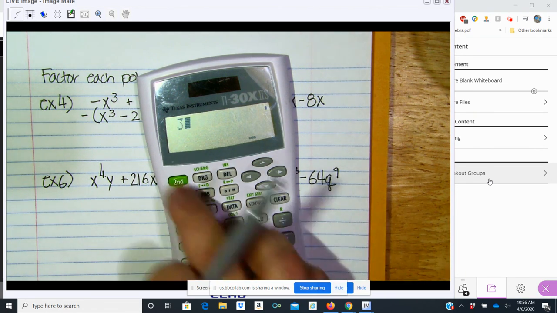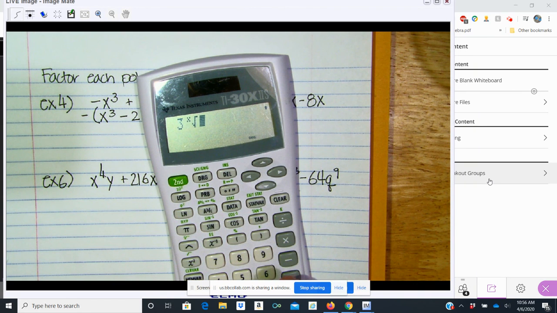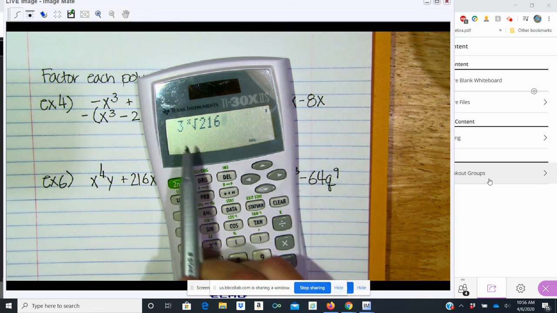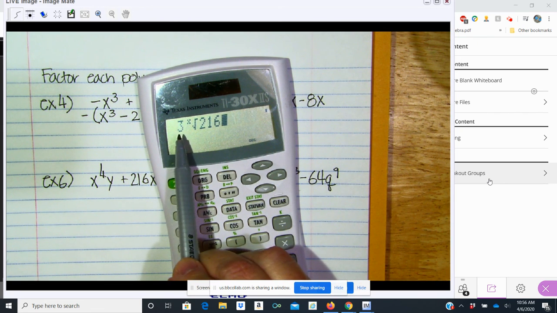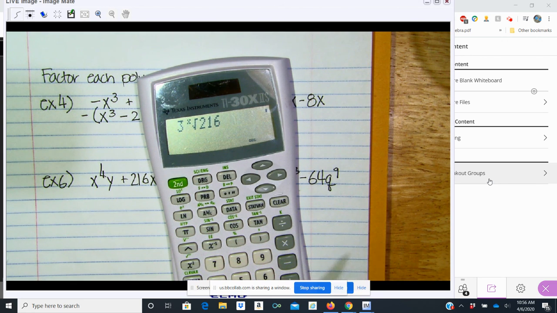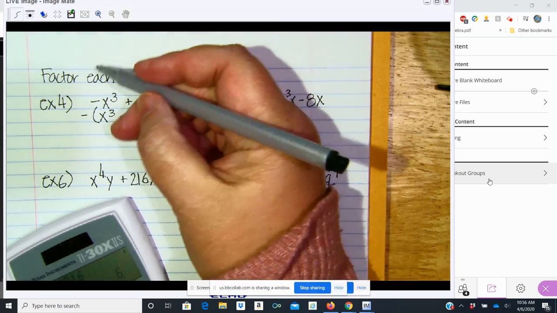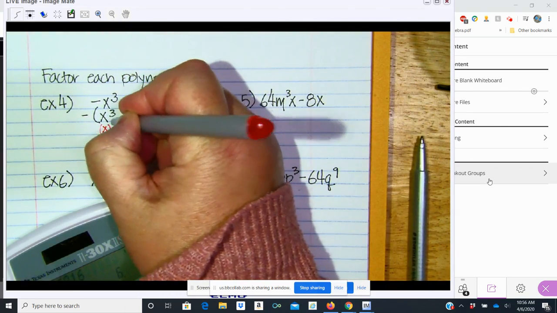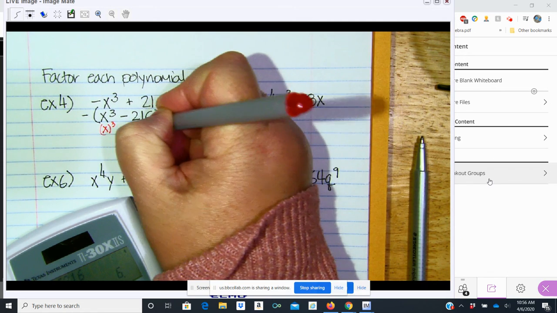I have to hit 3 and then 216. And that 3 in front tells my calculator to look for the cube root of 216. And it tells me that that's a 6. So I know that this is an x cubed minus a 6 cubed.